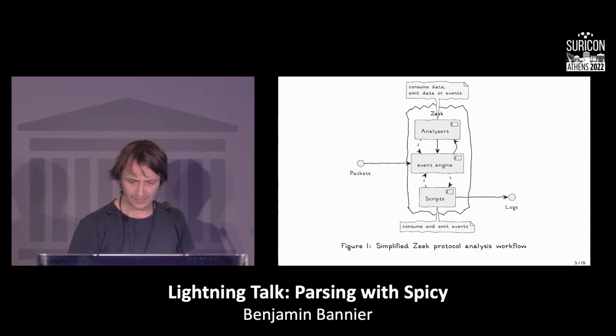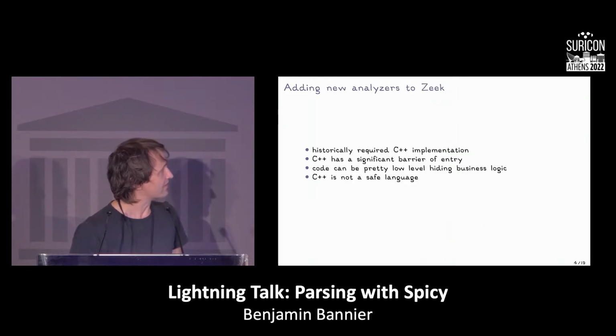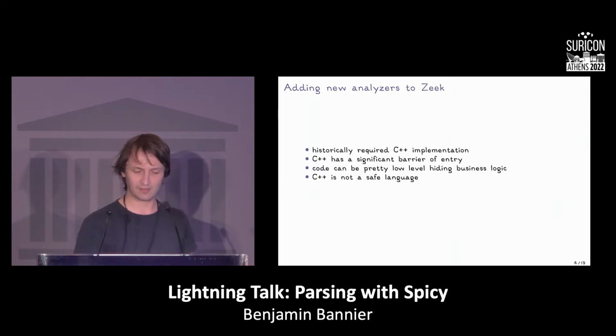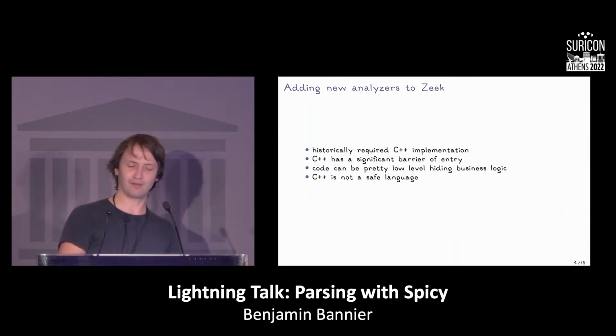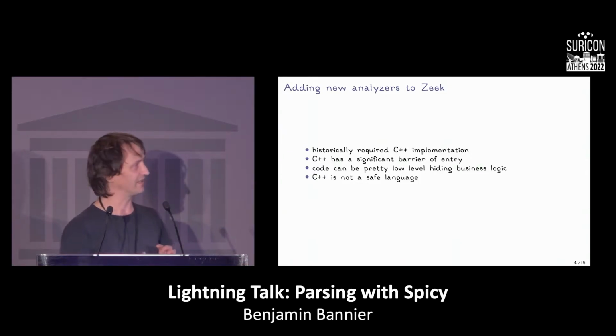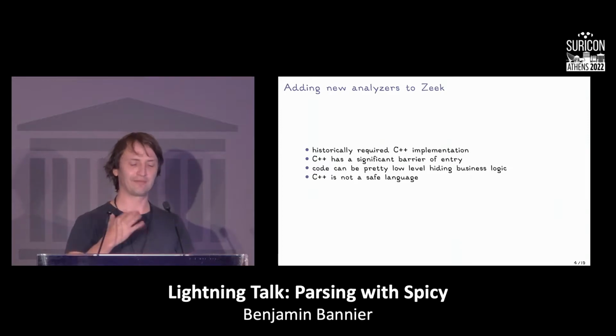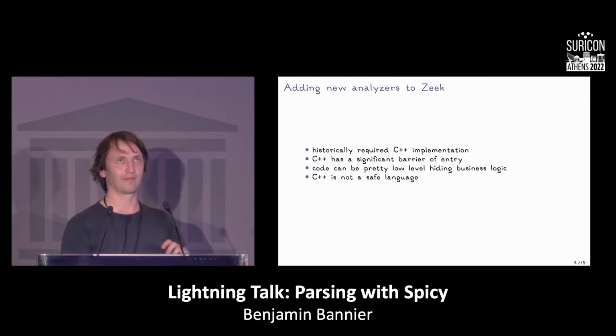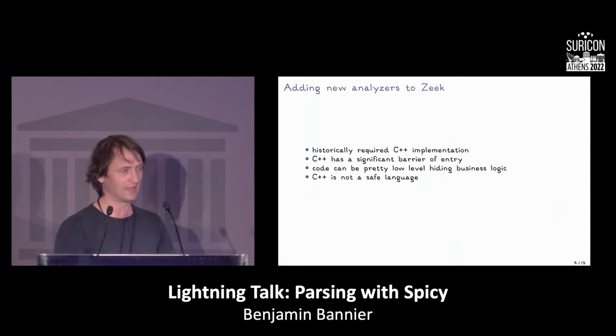So how do we add new analyzers to Zeke? Historically, you needed to write C++ code, and C++ has a significant barrier to entry. Even though you have high-level abstractions in C++, there's still a mixture of your interesting protocol implementation and just C++ housekeeping. And it's also not a safe language.